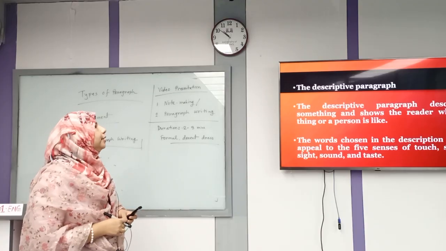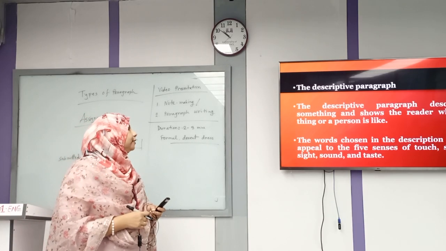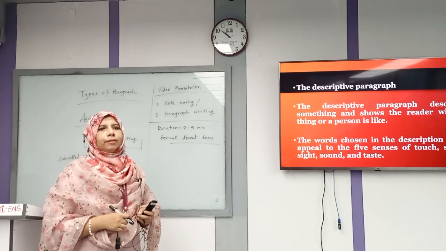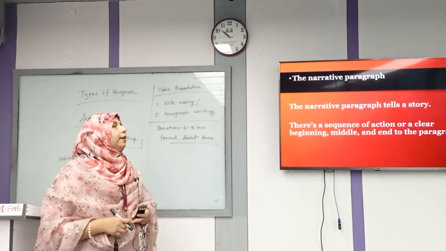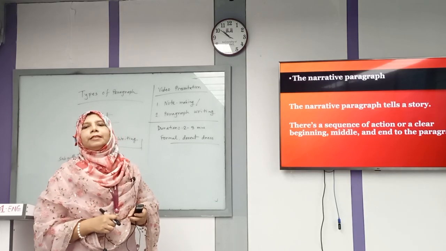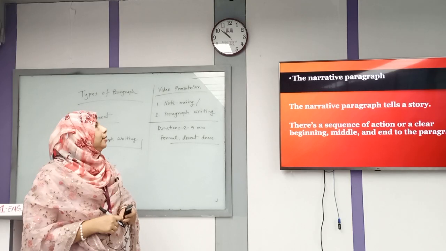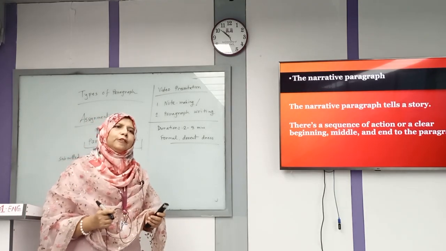the words chosen in the description often appeal to the five senses of touch, smell, sight, sound, and taste. Clear? Next, narrative paragraph. What does narrative mean? It's a story. It tells a story.